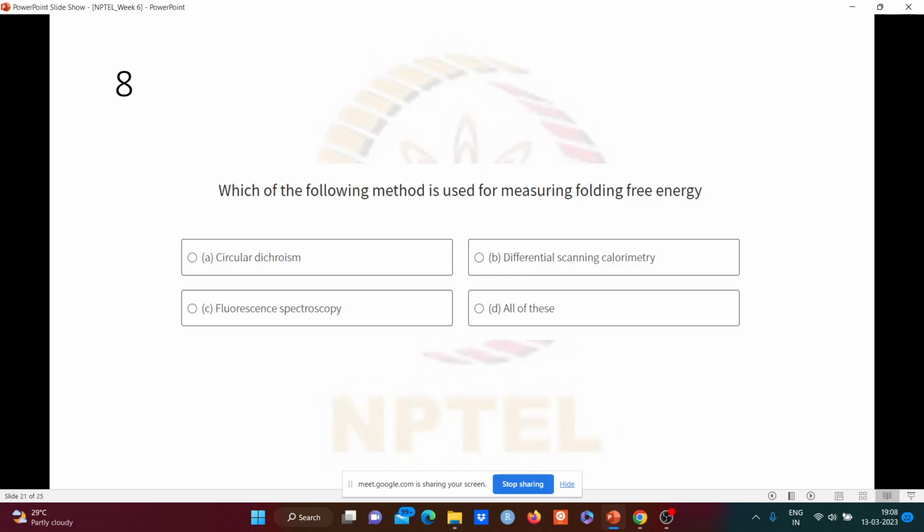So given some experimental techniques, which of the following are used to measure folding free energy? Yeah, folding free energy is nothing but Gibbs free energy, delta G.